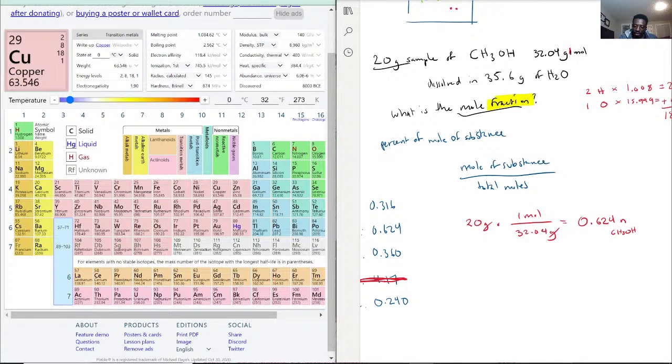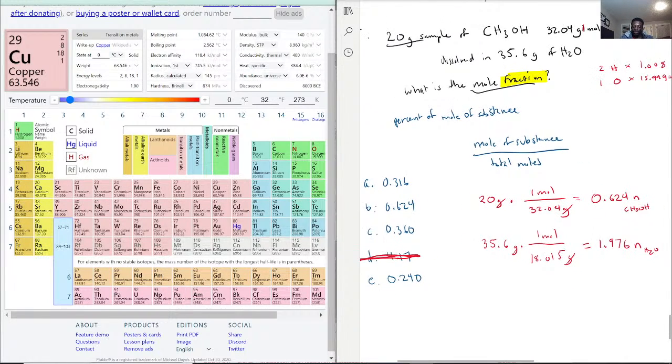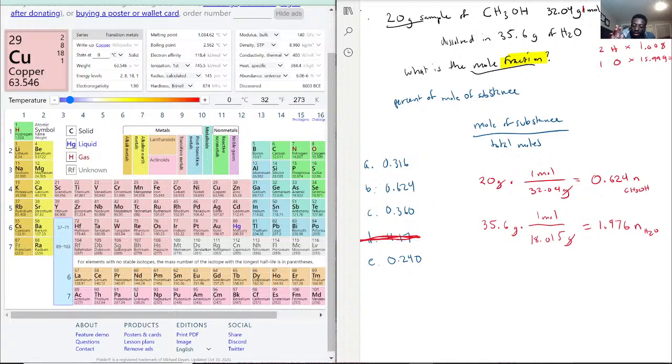We want to do the same thing with water. 35.6 grams, 1 mole of water is 18.015 grams, so 35.6 divided by that equals 1.976 moles of H2O. So now we're given these two numbers, but again, we're not done yet. We need to find the total moles.